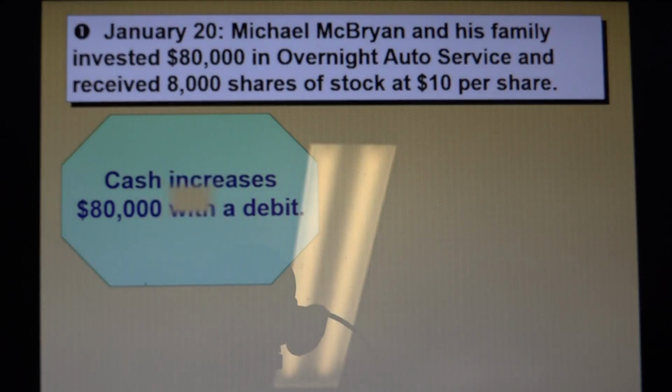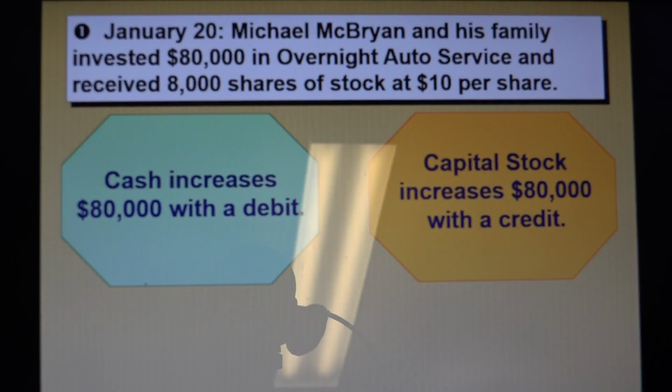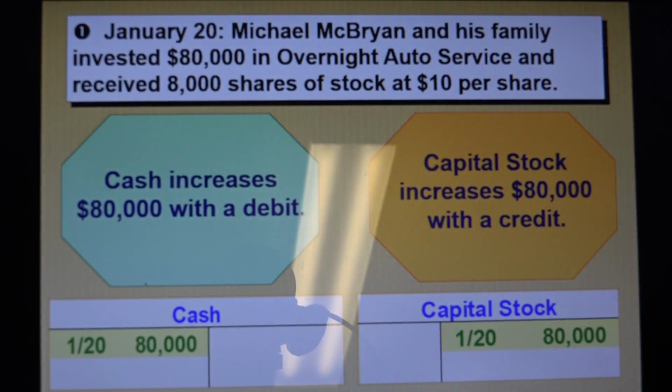And then as we go along, you'll see how we go through this process of analyzing, journalizing, posting, trial balance, and eventually we'll get to preparing financial statements from this information, and then doing what we call post-closing.